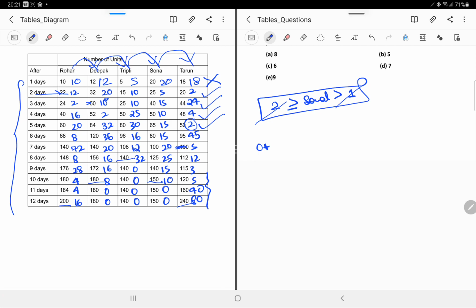On the sixth day, it can also be counted because she is doing more work than Rohan and not more work than 2 persons. For the seventh day, it can also be counted because she is doing more work than Tarun, more work than Tripti, and equal work, not more, to another.